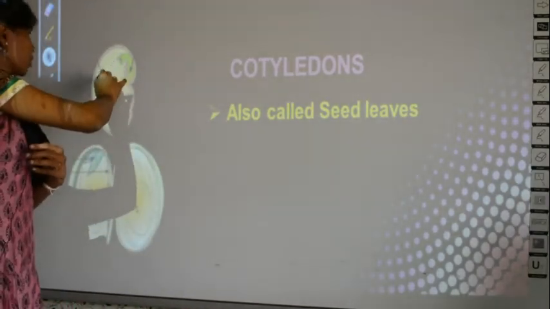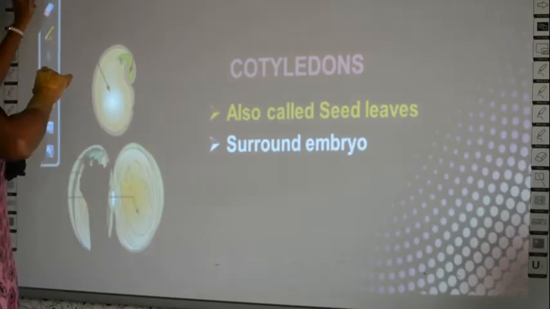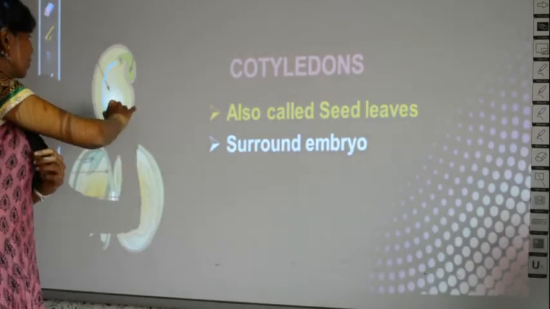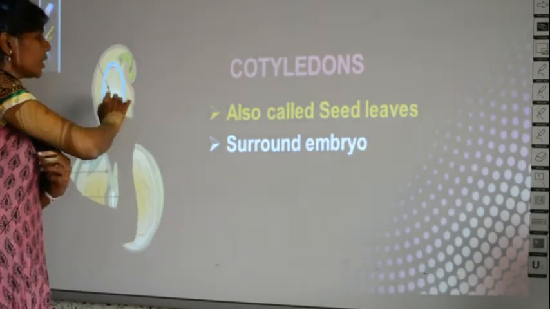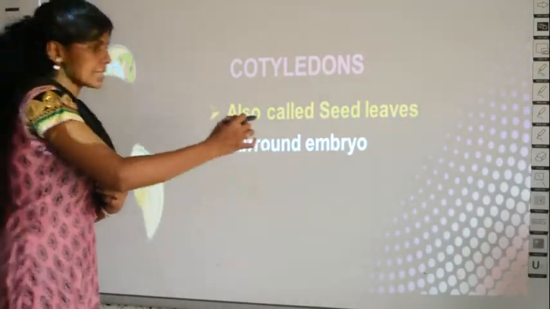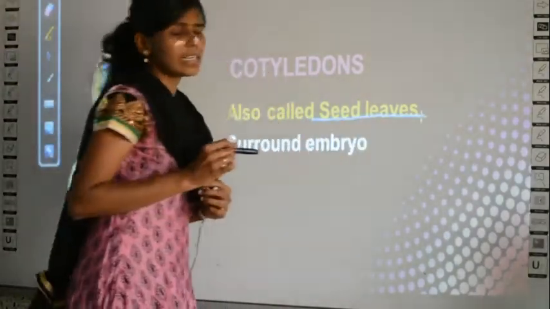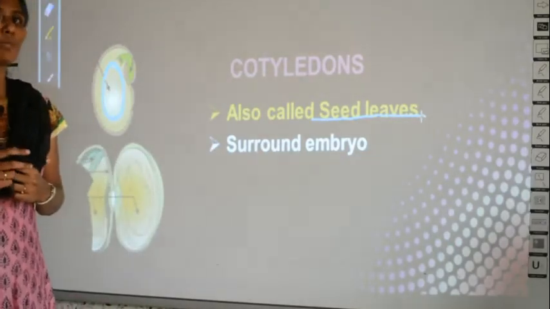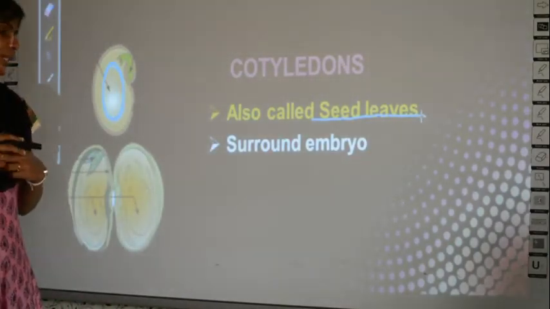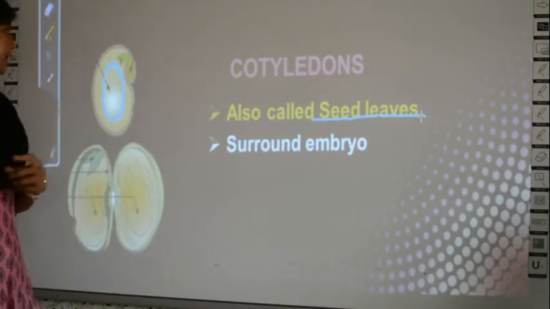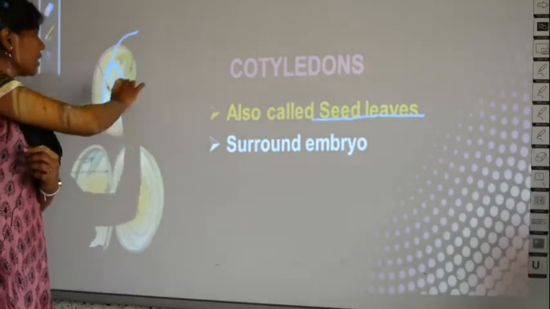Where is the cotyledon here? This center portion, this middle region is the cotyledon. This cotyledon also has another name, called seed leaves. What is another name for cotyledons? Seed leaves. This is surrounded by the embryo. Where is the embryo? Already we have studied.